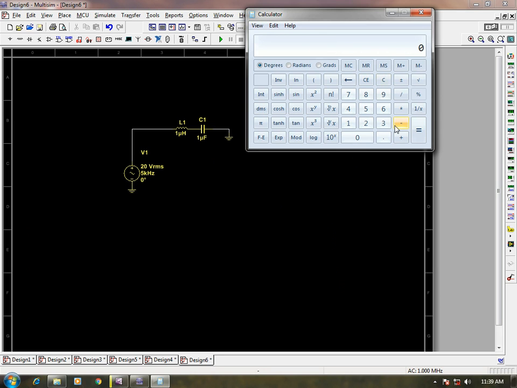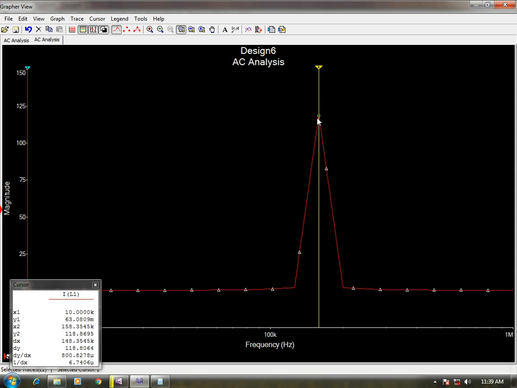Let's do it again: 10 to the power 12, to the power half, that is square root, divided by 2 pi. As you can see, it is 159.235, so 159 kilohertz, and we found 158 kilohertz from the graph. That is totally dependent upon the positioning.